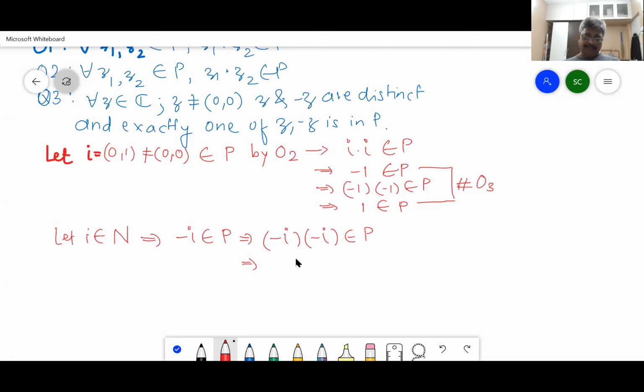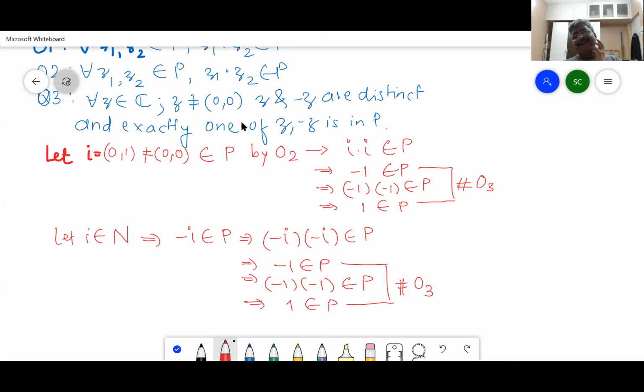This implies, what is this product now? Minus minus plus, minus 1 belongs to P. Again, same logic, minus 1 into minus 1 belongs to P. Therefore, 1 belongs to P. These two put together give us a contradiction to O3. So i belongs to P is a contradiction, i belongs to N is a contradiction, and i is definitely not equal to (0, 0).